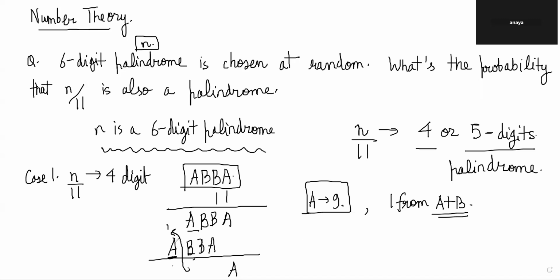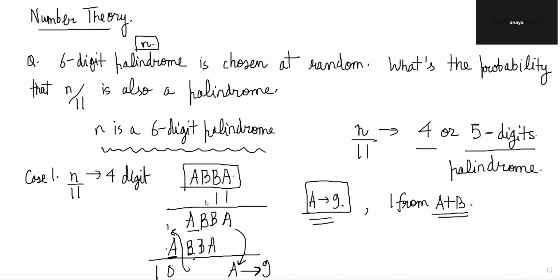Even if there is a carryover 1 and 9 was A, then you get a 0 here and a 1 here. But the problem is that the last digit is still A, which is 9. So this doesn't become a palindrome.